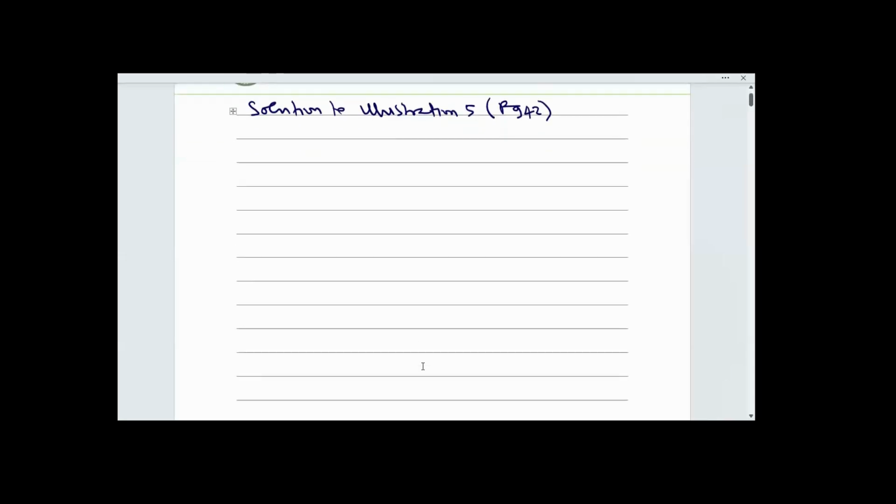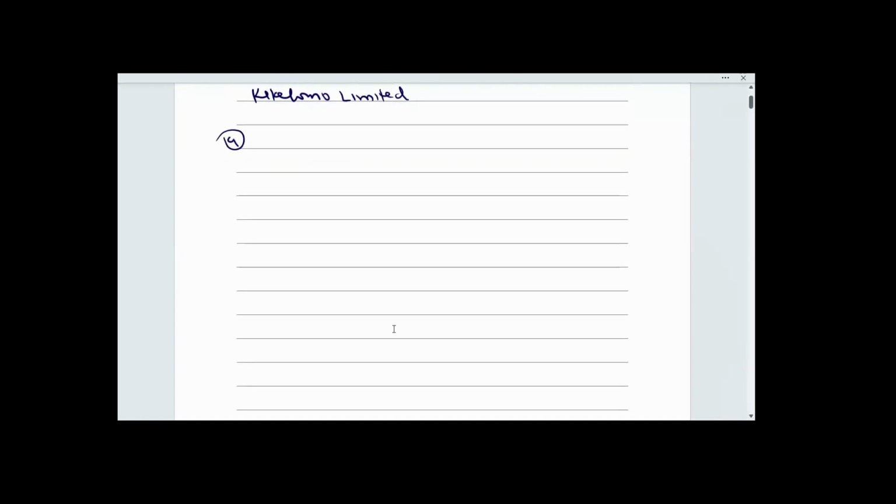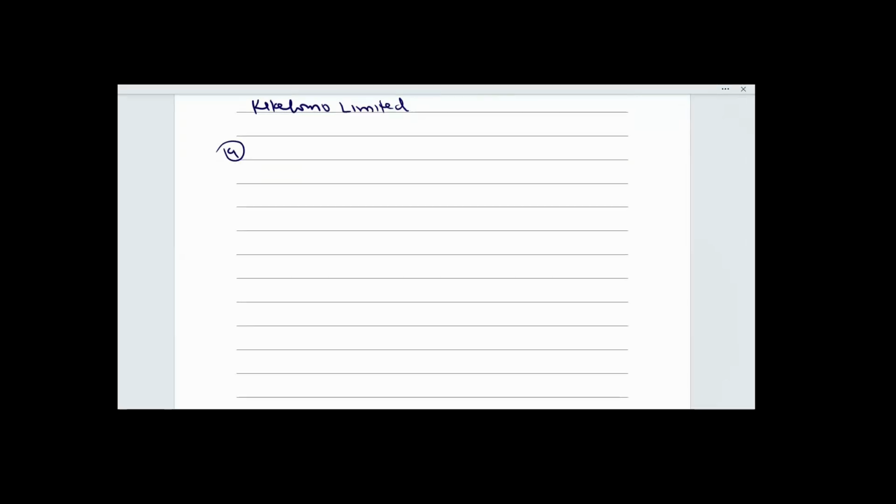All right. Number A, the name of the company first is Kikelomo Limited. In the A requirements, the examiner is asking you to state the factors that may cause input material to be a budget constraint.